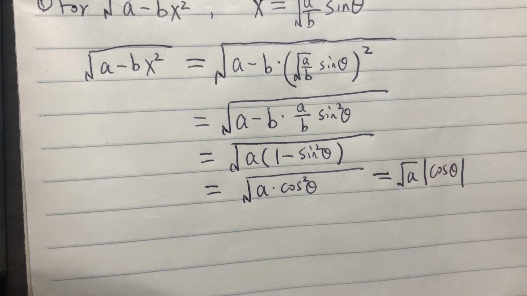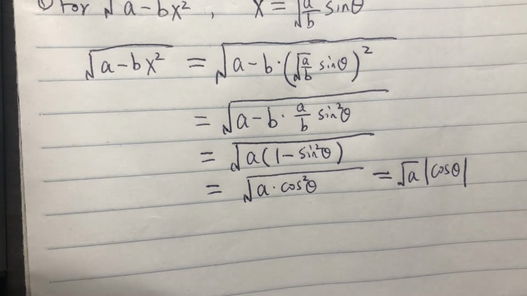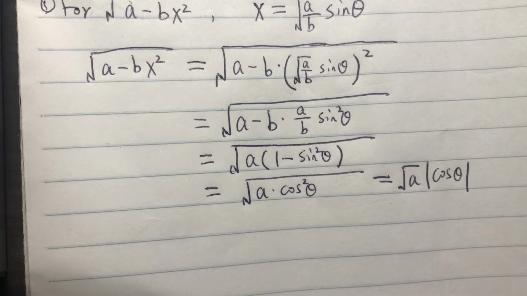It is best to keep the absolute value for now, because we don't know the range of x, and based on the range of x we can figure out the range of theta. So for now let's keep the absolute value.